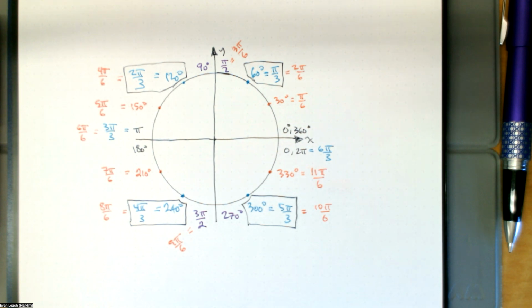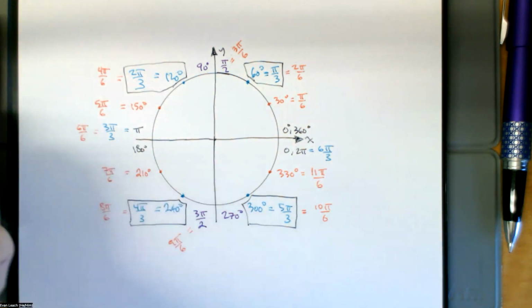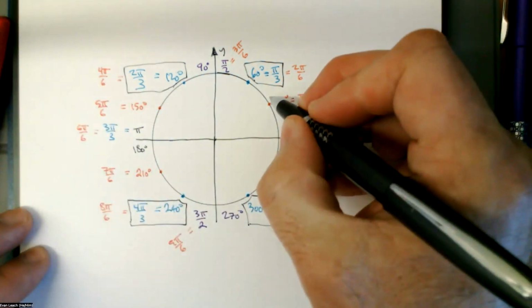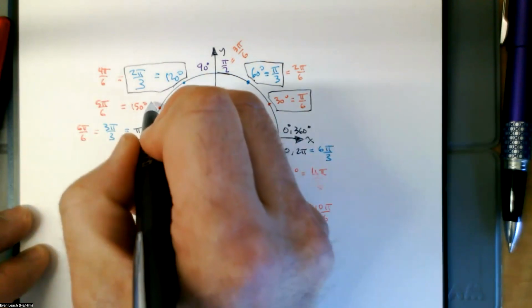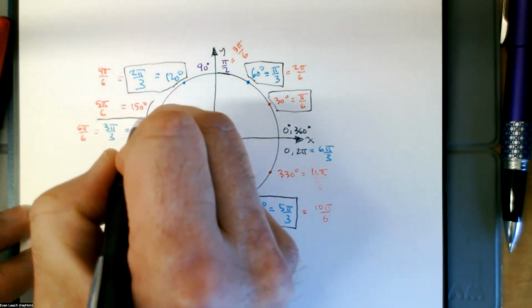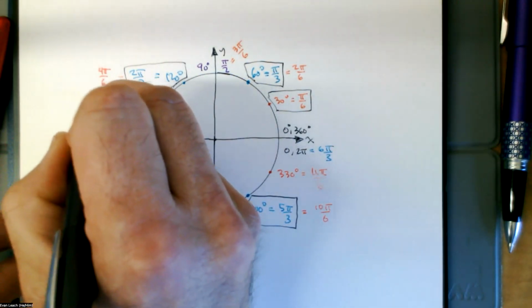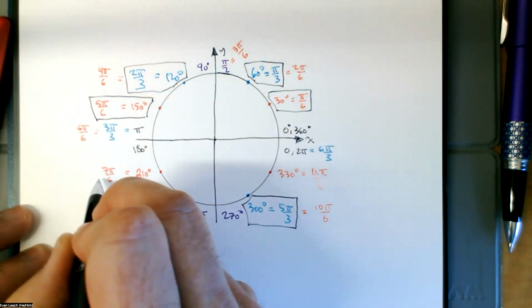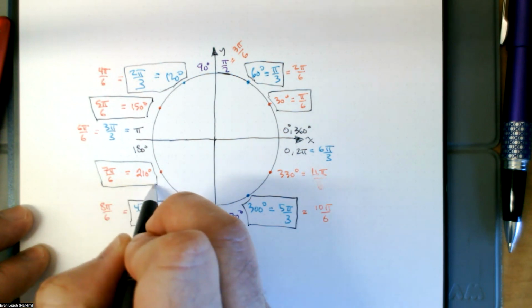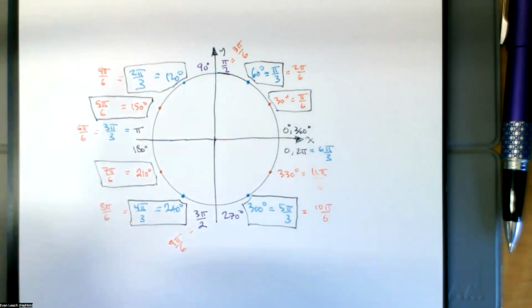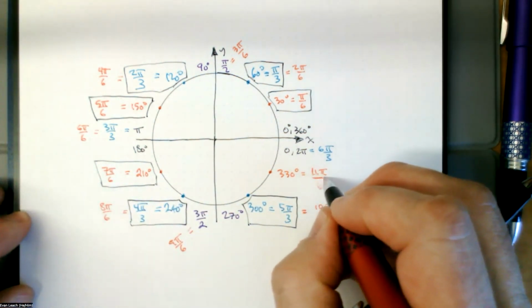So there are, once again, 4 that we want to be able to recognize. Everything pi over 6 is a 30-degree reference angle. So the ones that we care about, the 30-degree reference angles are 30, 150, 210, and 330. So we're going to want to know pi over 6, 5 pi over 6, 7 pi over 6, and 11 pi over 6.